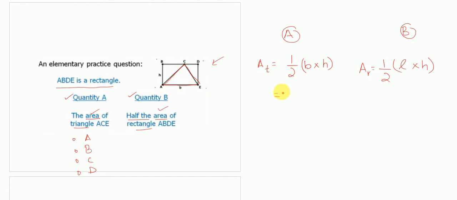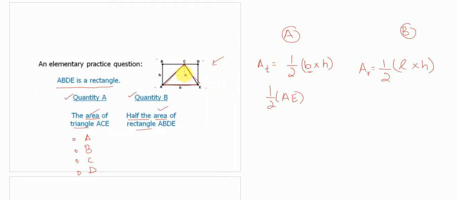Now let's see what we can do. Under column A, we have half of base. So what could be the base of this triangle? Let's call it AE. And what's the height? This is the height of this triangle.